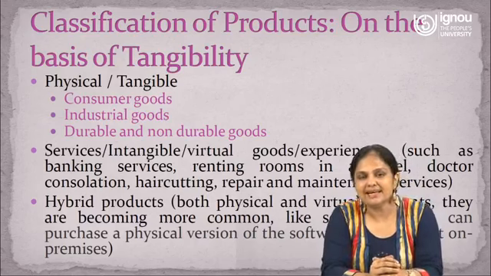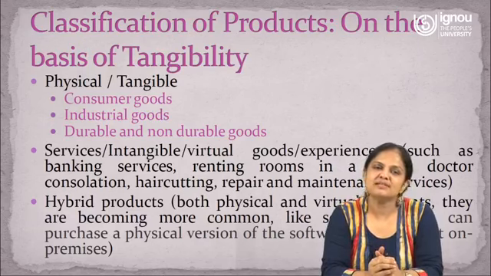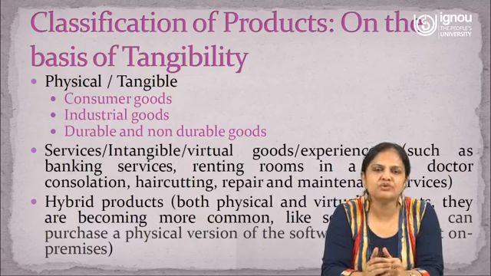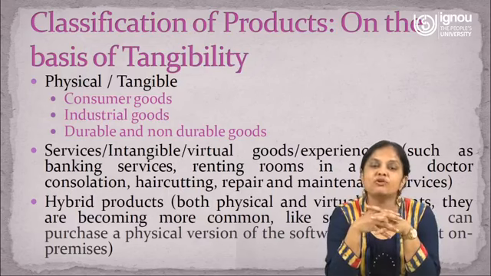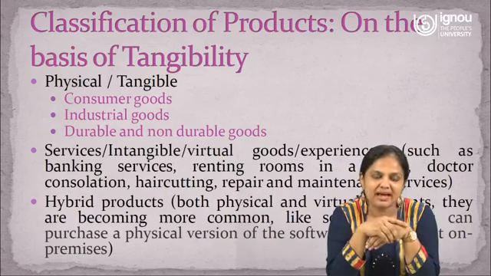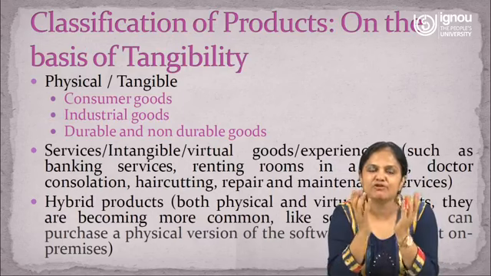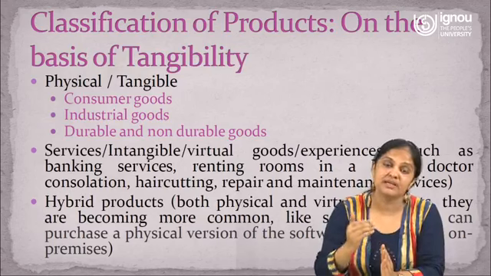Now, the second category of products on the basis of tangibility is services. They are intangible. They are also called virtual goods or maybe experiences, because they cannot be touched or seen, they can only be felt, and you can only judge the utility or value of this intangible product after consuming it.